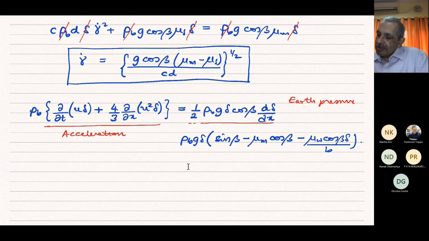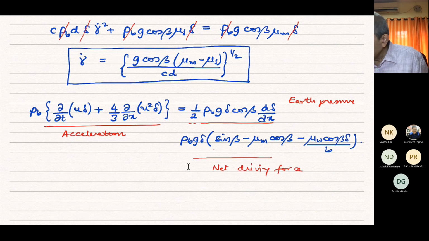Because the thickness is different in different places, there is a sort of higher pressure in some places and lower pressure in others, and so it affects the flow. And this term you can think of as the net driving force. This term is usually always positive, and what it is is gravity minus the frictional resistance of the bed at the base minus the frictional resistance due to the wall friction. So this is, you can say, the momentum balance equation.